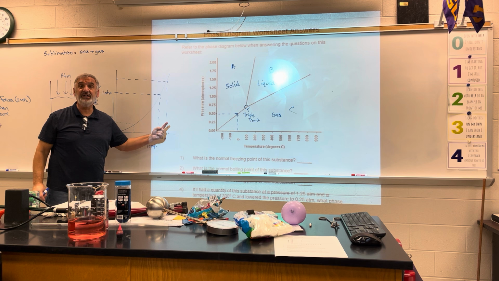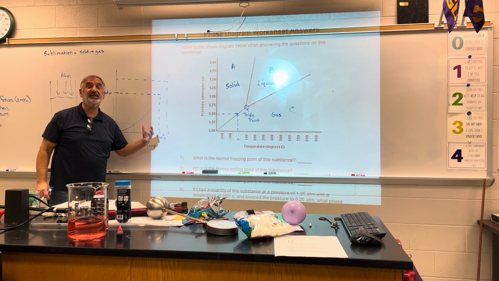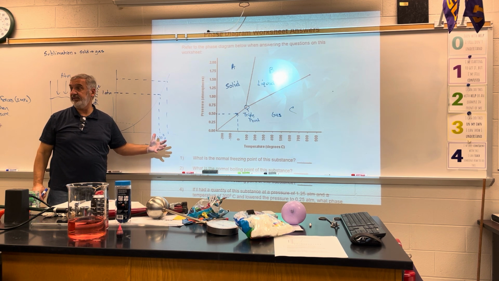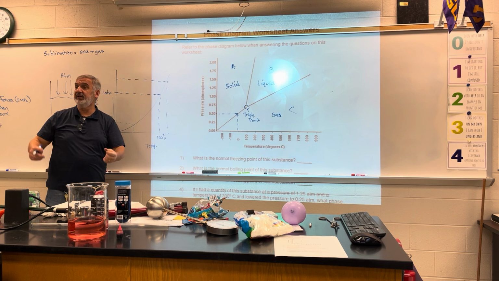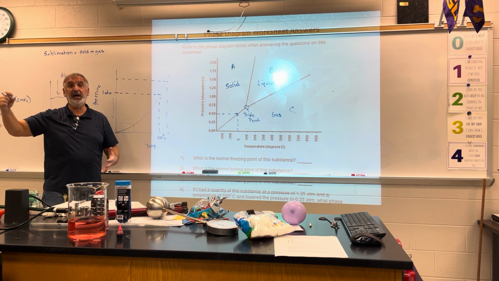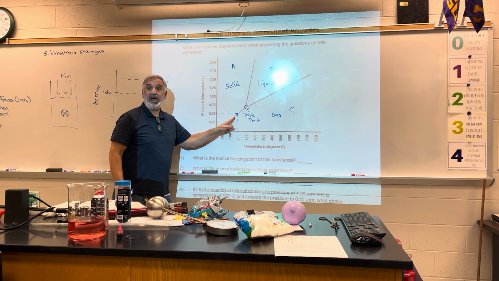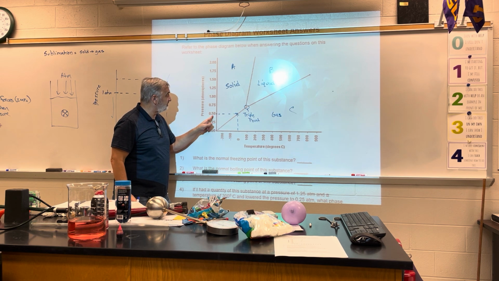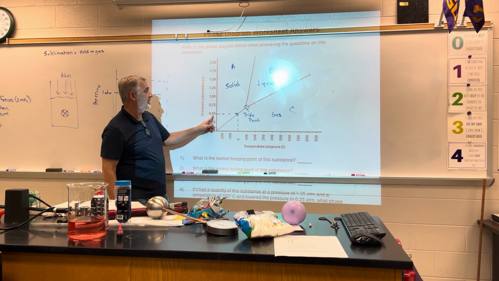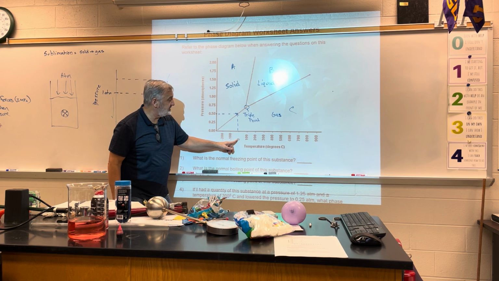That's what dry ice does. That's why they call it dry ice, because it doesn't get wet. It goes straight from the solid to the gas. It sublimes. Okay? So this is at 0.5 atmospheres of pressure at basically 0 degrees.